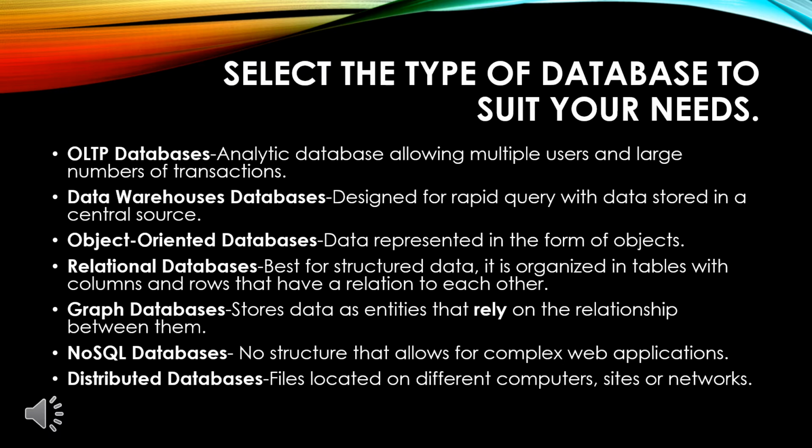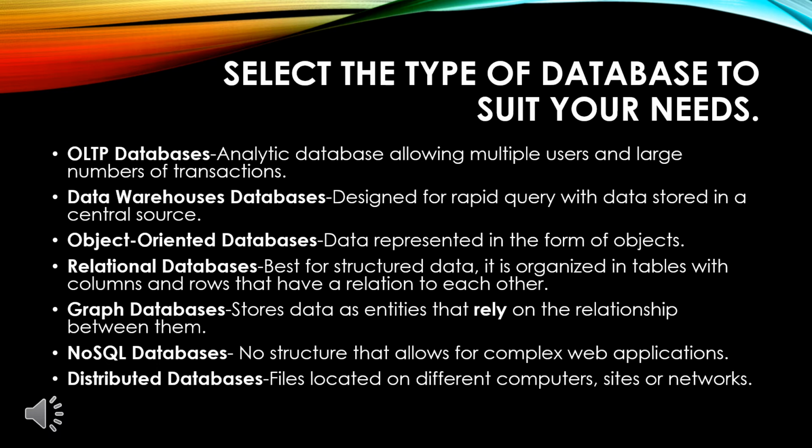Here we're going to be looking at the different types of databases. OLTP databases are analytic databases that allow for multiple users and a large number of transactions. Data warehouses are designed for rapid query with data stored in a central source. Object-oriented databases are data represented in a form of objects. Relational databases are best for structured data.